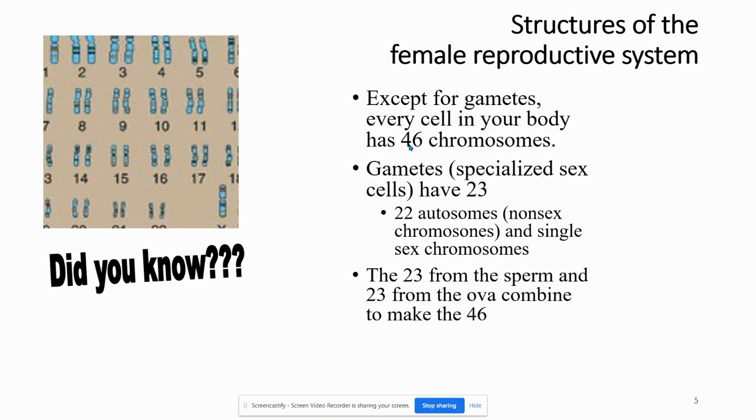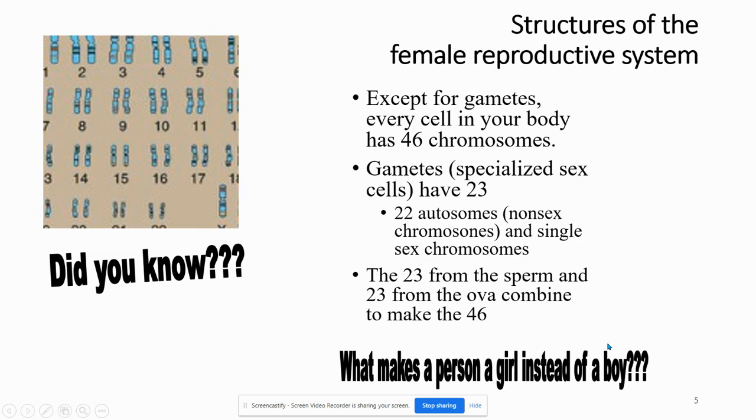It would spontaneously abort. You would have a spontaneous miscarriage because it would not be compatible with life. So the sperm has 23 and the egg has 23, so that when they combine, it makes the normal 46: 23 pairs, one from mom, one from dad, and that's what makes a baby.